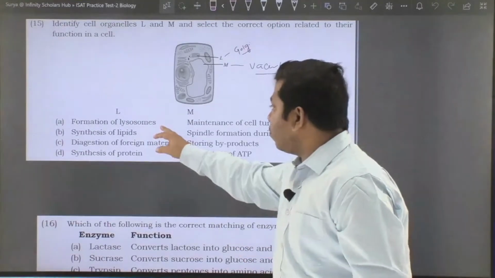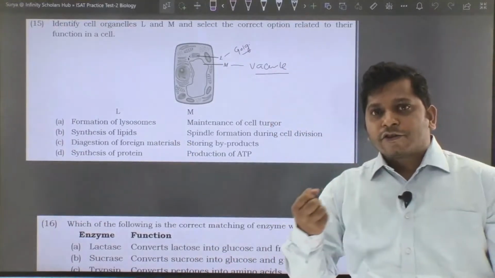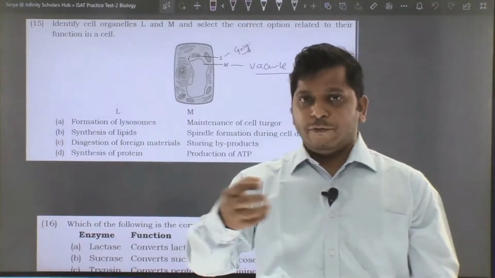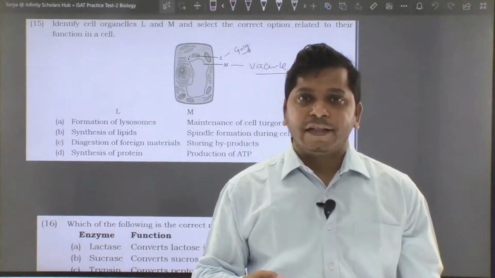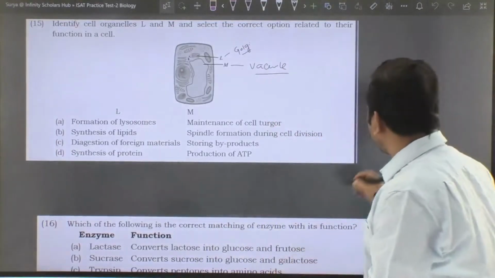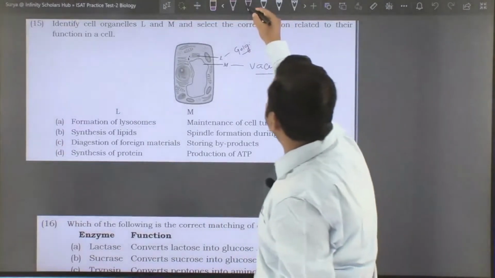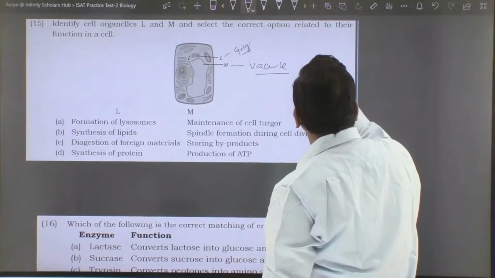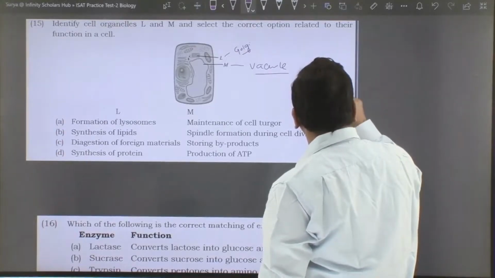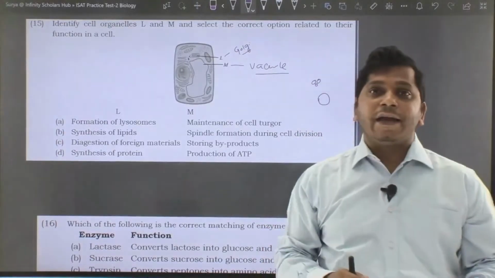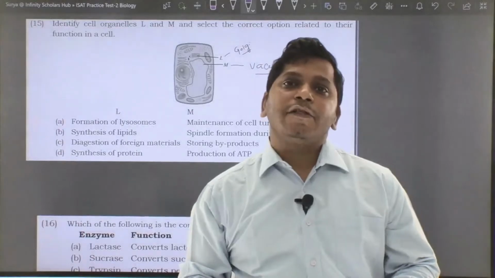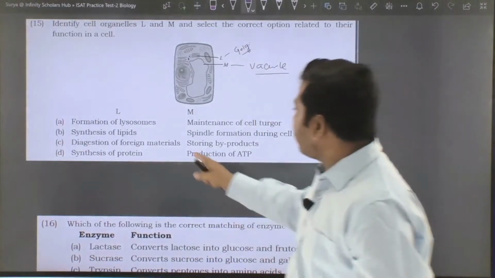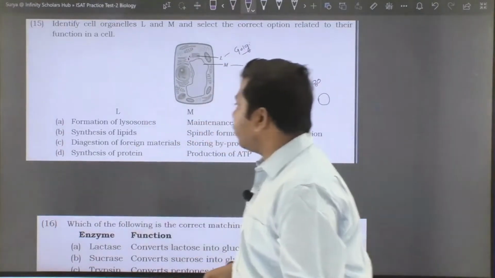And as we know, the products of the Golgi complex, when they bud off in the form of vesicles, these small vesicles released from the Golgi complex will fuse to produce the lysosomes. That is why lysosomes contain all the digestive hydrolytic enzymes. So therefore this first option is going to be correct.